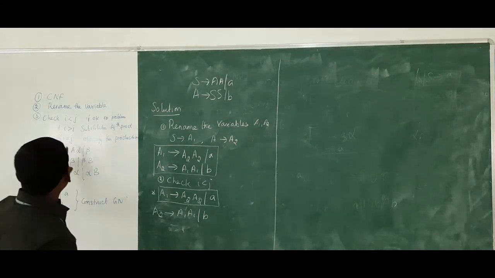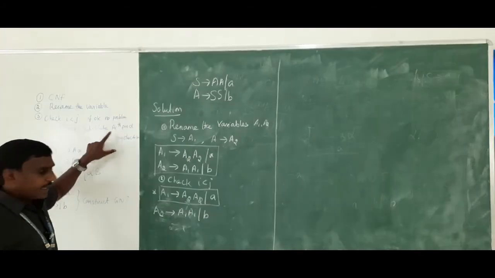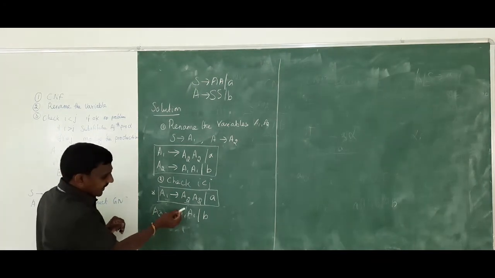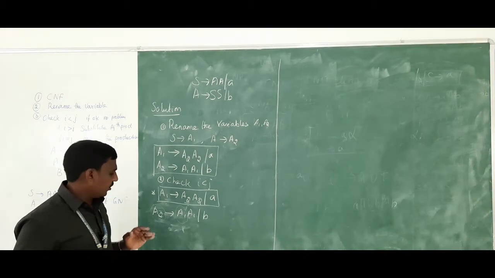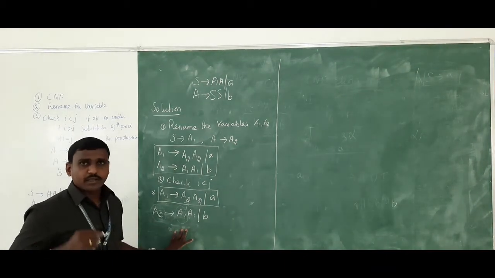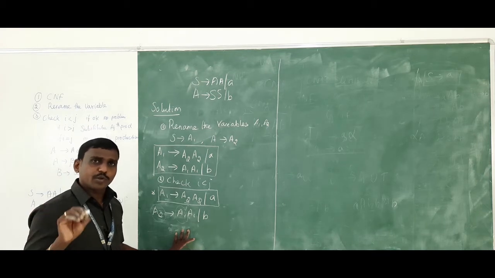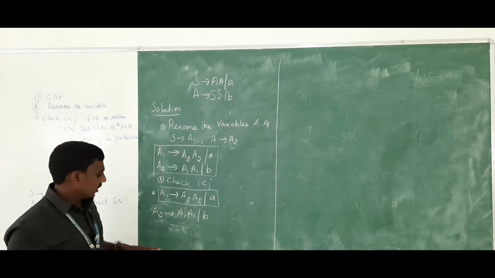So if i is greater than j, what I want to do is substitute the jth production. I told you this is the ith production. This is the jth production. Clear? You have to listen very carefully, because it can confuse you. But if you listen carefully and try to work it out, you can clearly get the concept of this Greibach normal form.